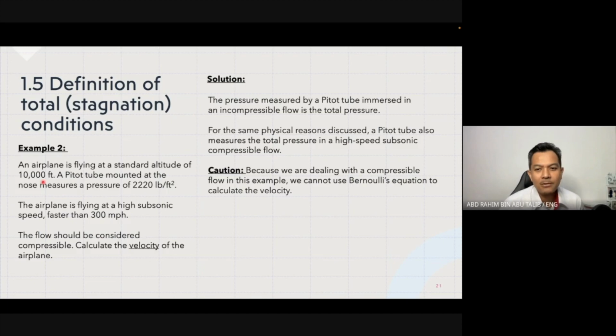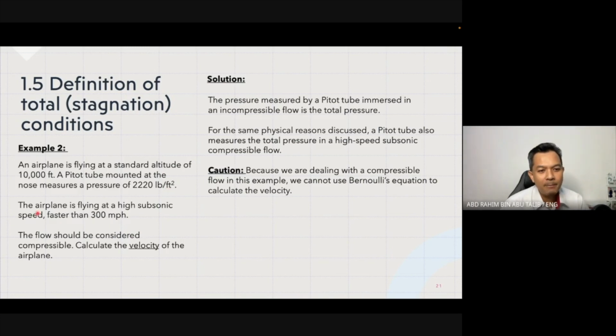Somehow in the version of the book that we have, they are using imperial units, not SI units, but you can easily convert that. At 10,000 feet, a pitot tube mounted at the nose measures a pressure of 2,220 pounds per square foot.